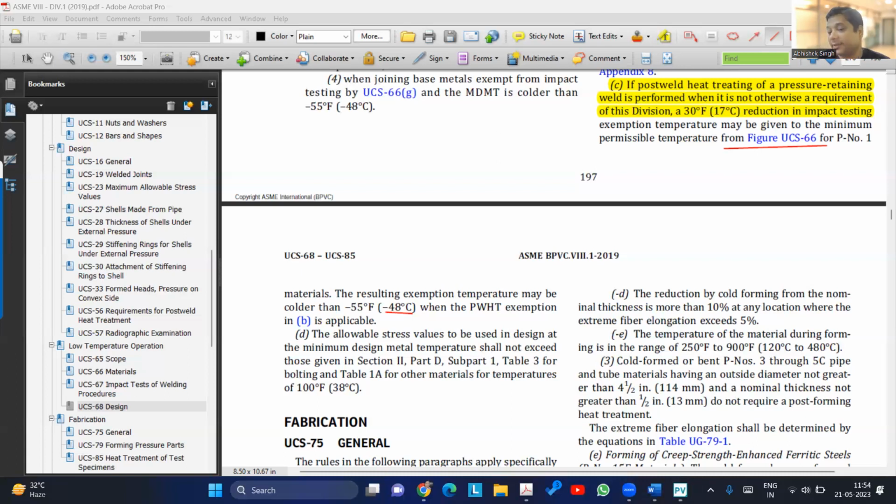There are some exemptions available, but other than that, RT1 is very simple: all full radiography. For RT2, all the long seams are again full radiography, and for some circumferential seams, spot radiography is allowed.